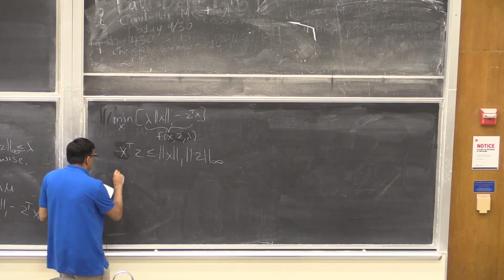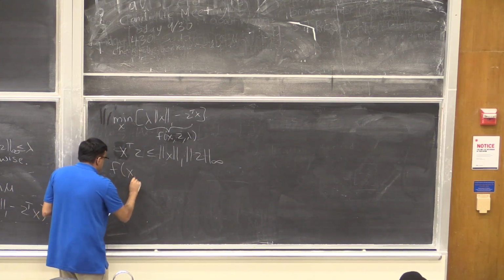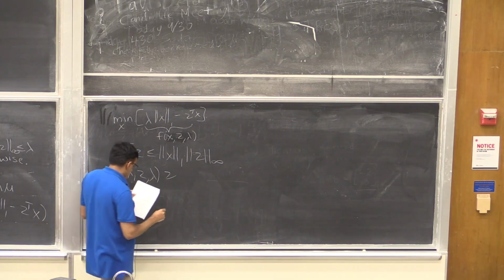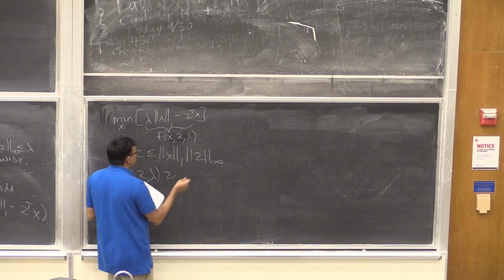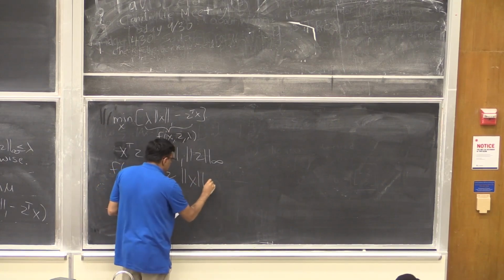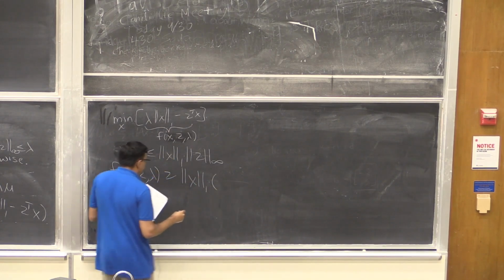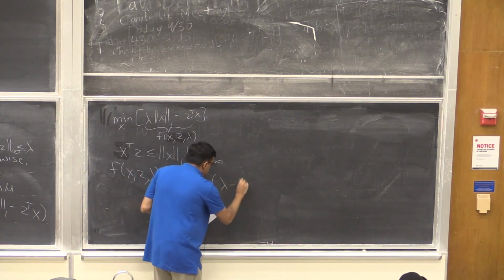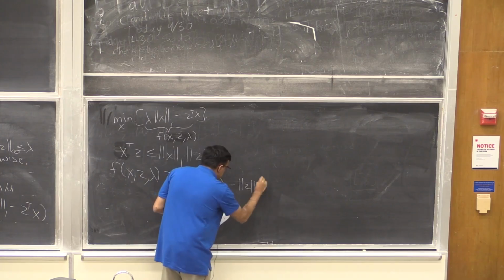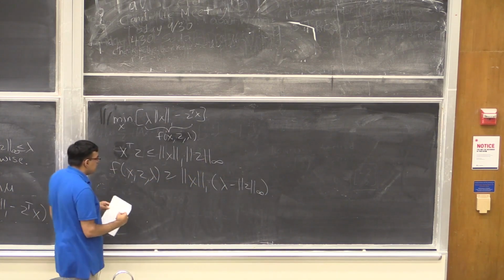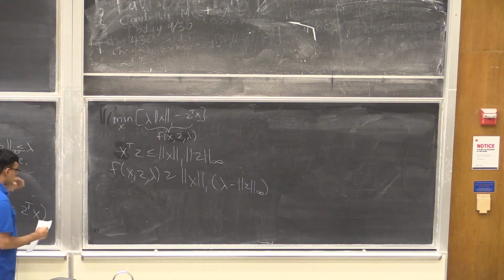So by this invocation of Holder's inequality, we get f of x, z, lambda is greater than or equal to 1 norm of x times lambda minus infinity norm of z.